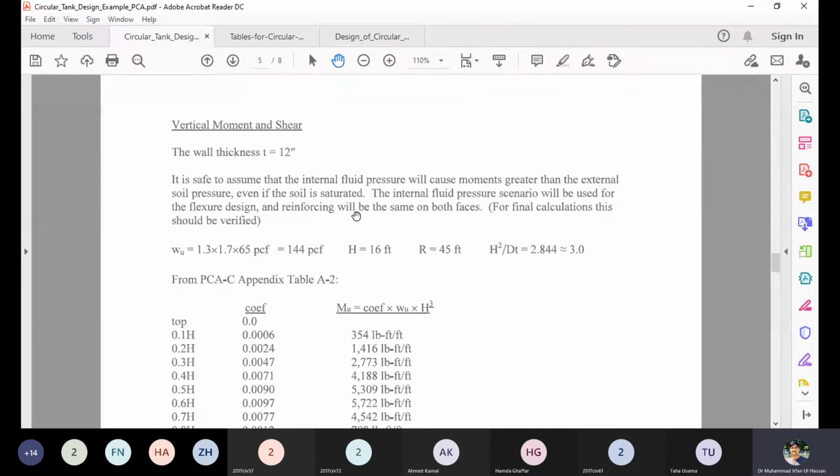So everything remains the same, only the coefficients will change, 1.3 and 1.7. The load is there. Height is now 16 feet because the water load is 16 feet, and the radius is also equal to the same.